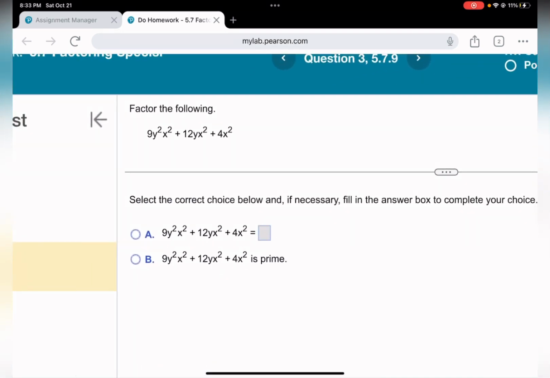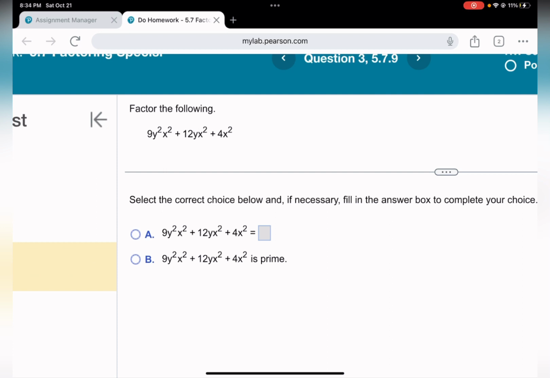What do we have here? 9y squared x squared plus 12yx squared plus 4x squared.